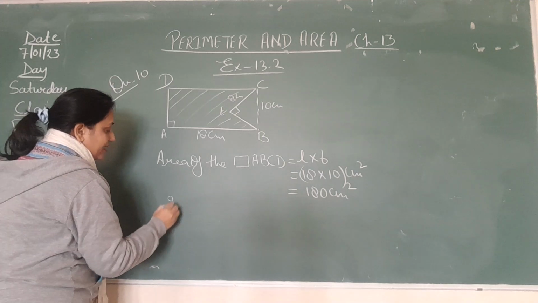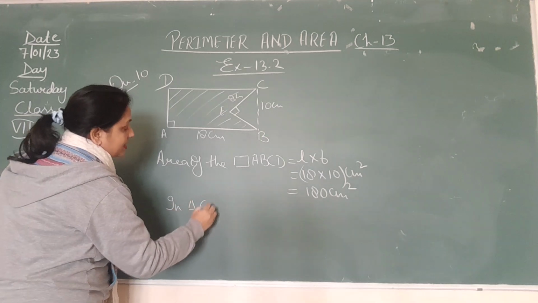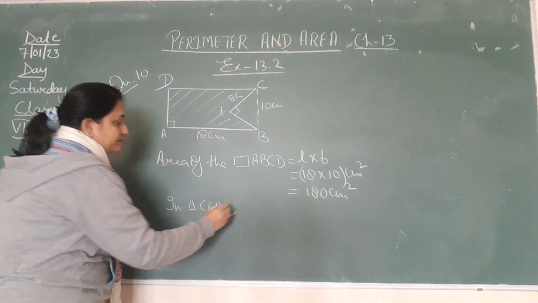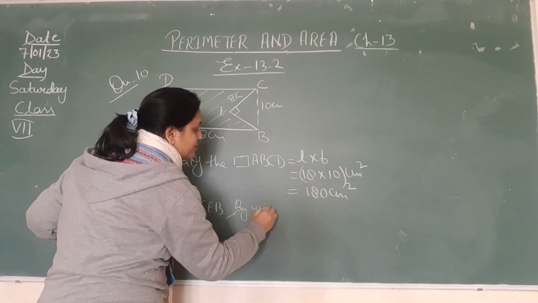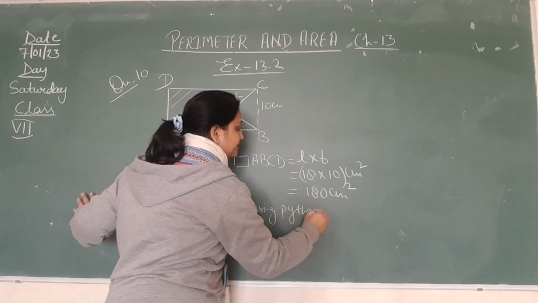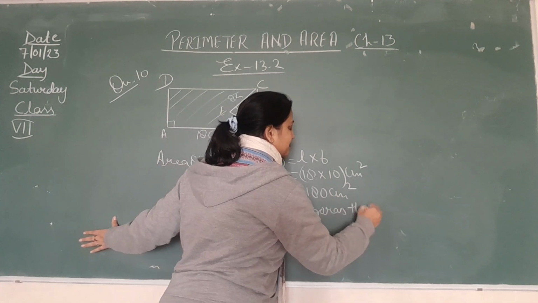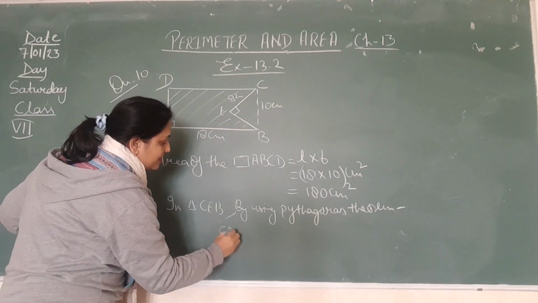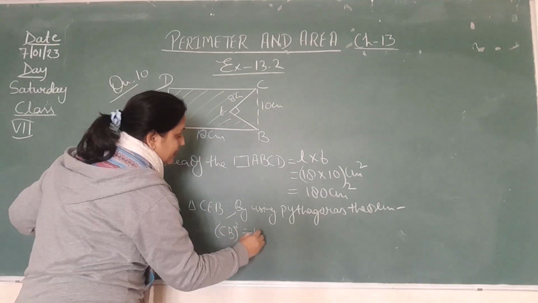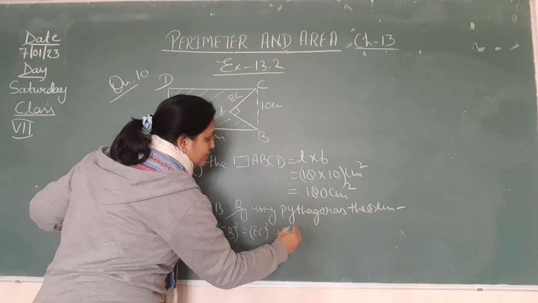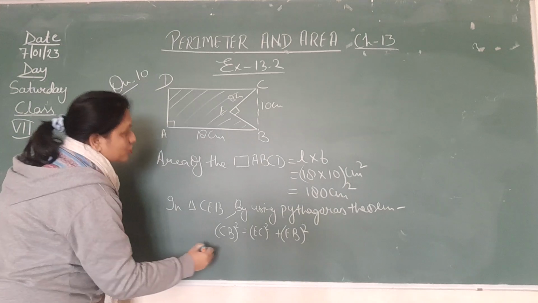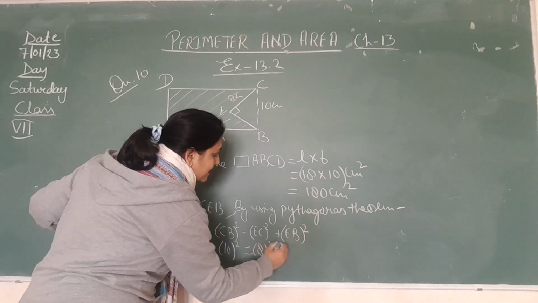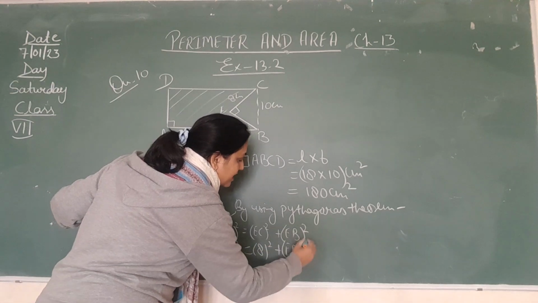Now in triangle CEB, a right angle triangle, by using Pythagoras theorem, hypotenuse square equals the other side square plus EB square. CB square is 10 square, plus EC, which is 8 square, plus EB, which is the base you have to find.